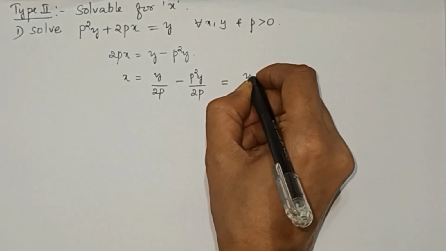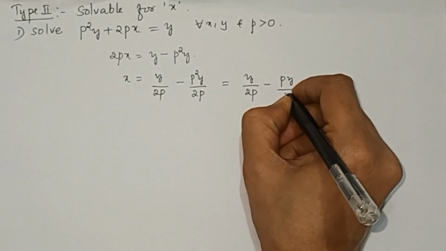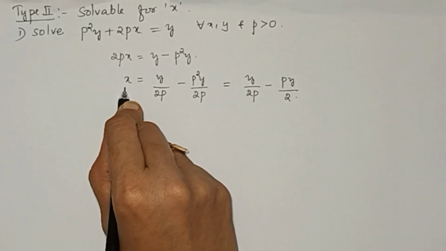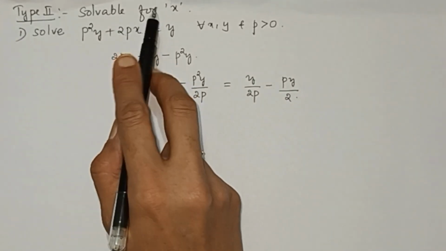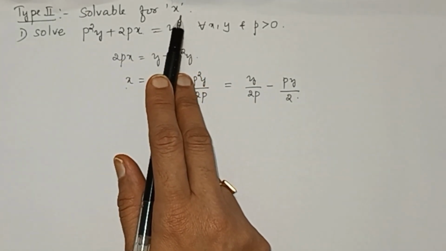So that is equal to y/(2p) - py/2. This is the given equation in terms of x, because it is solvable for x.